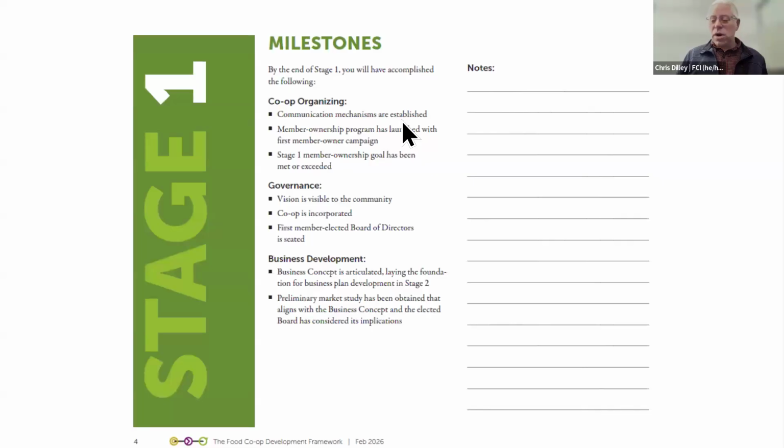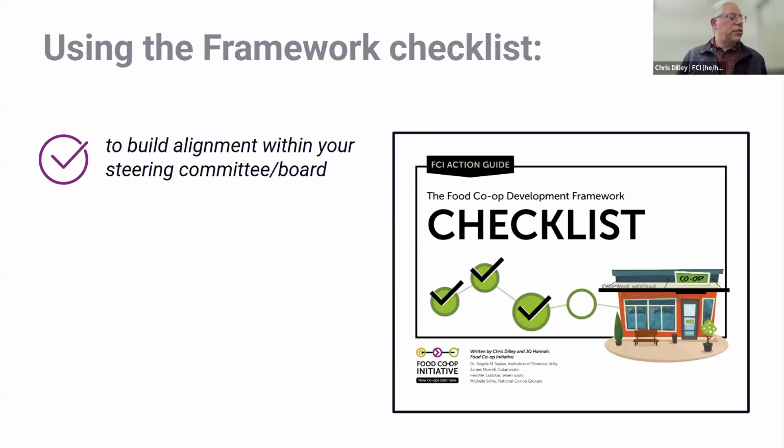I have a little bit more. I want to talk about our ideas for you about how to use this framework checklist in your organizing, and then we're going to open it up for a little bit of question and discussion, which I'm looking forward to. So let's first start with what we think are helpful ways to use the checklist.